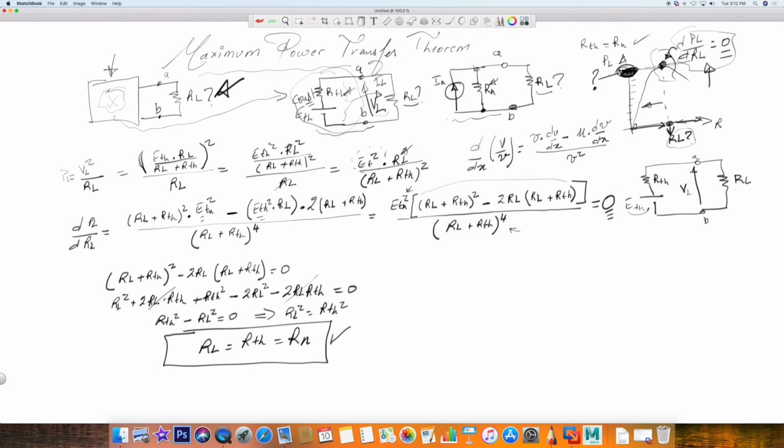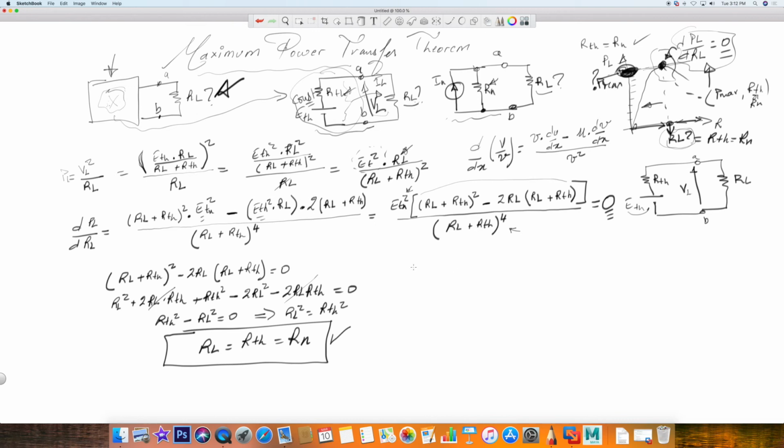Now, we know RL is going to be equal to RTH, which is equal to RN, if you're doing Norton. So now we need to know what Pmax is for that particular point. That point has 2 coordinates: Pmax and RTH, or RN. So now we need to find the Pmax value.